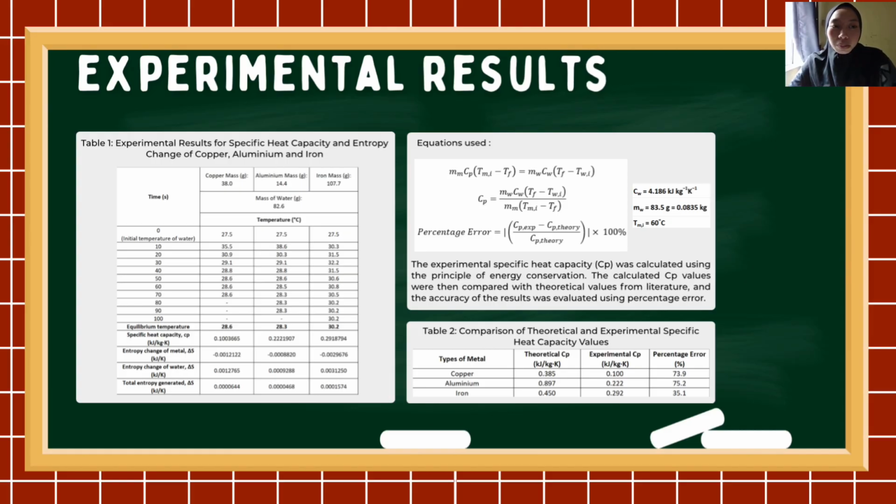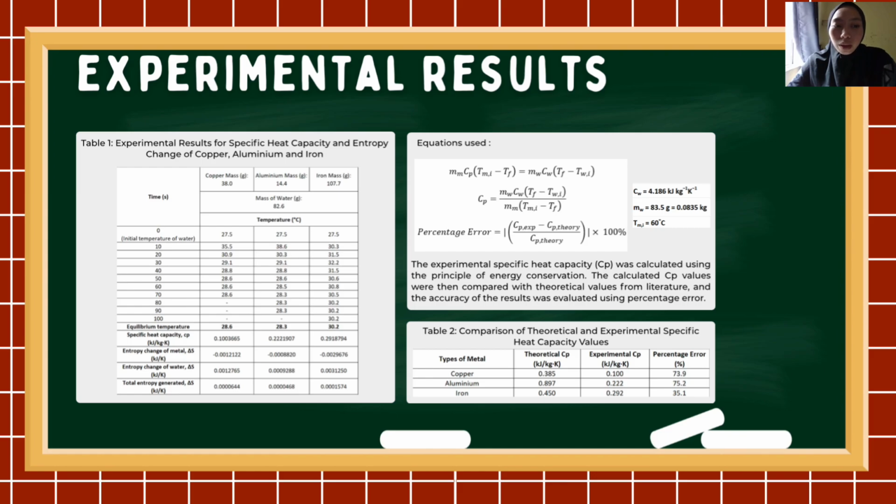So for the experimental results for experiment 7, we got a copper mass of 38 grams, aluminium 14.4, iron 107.7, and the mass of water is 82.6. The initial temperature of water is 37.5 for all three beakers, which is copper, aluminium, and iron.